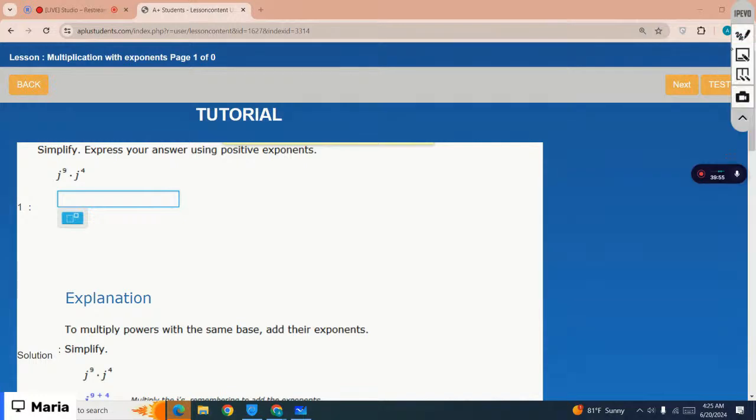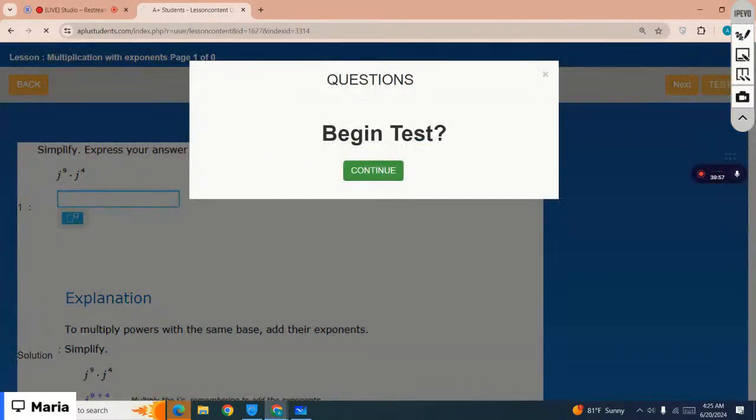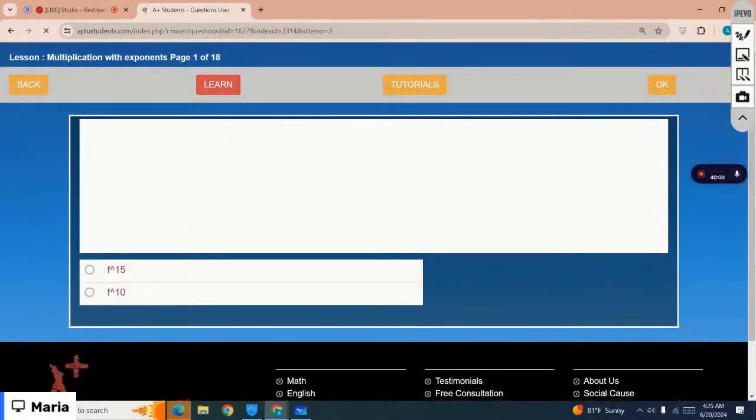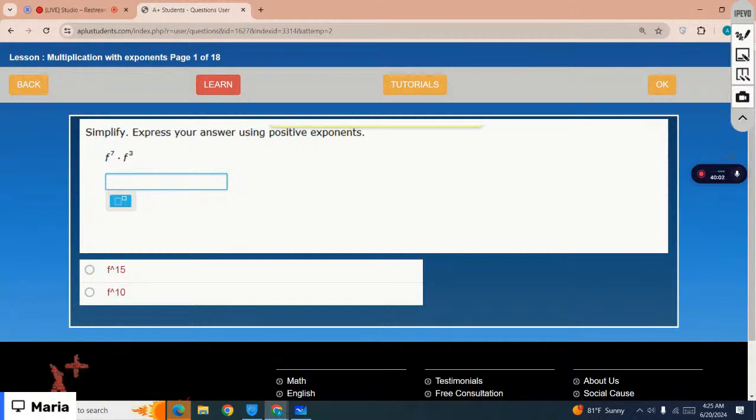Okay, let's start with the test questions. F exponent 7 times F exponent 3. Yes, you have to add their exponents, right?